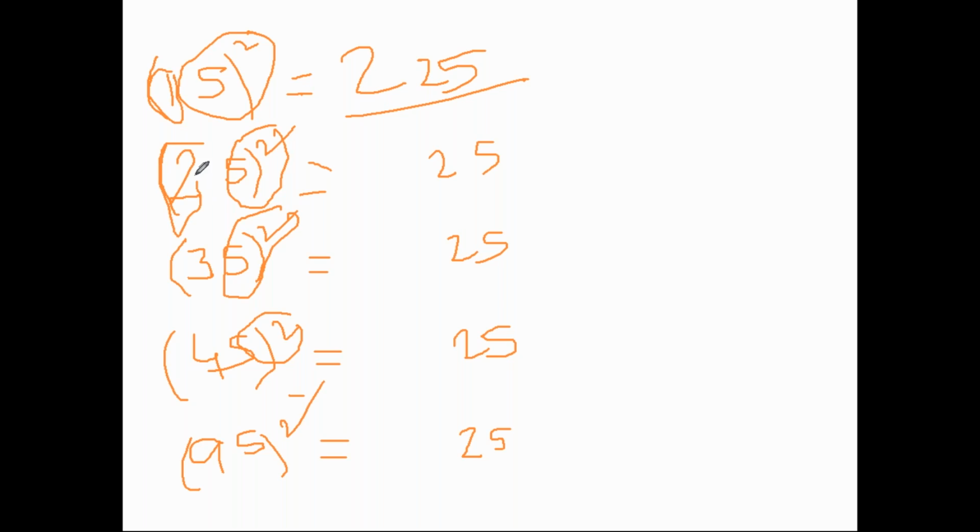Next number for 2 is 3. 2 into 3 is 6, so 625 is the value of 25 square. Next number for 3 is 4. 3 fours are 12. 4 fives are 20. And the next number for 9 is 10. 9 tens are 90, so that is the value of 95 square, 9025. Is it okay, Irfan?